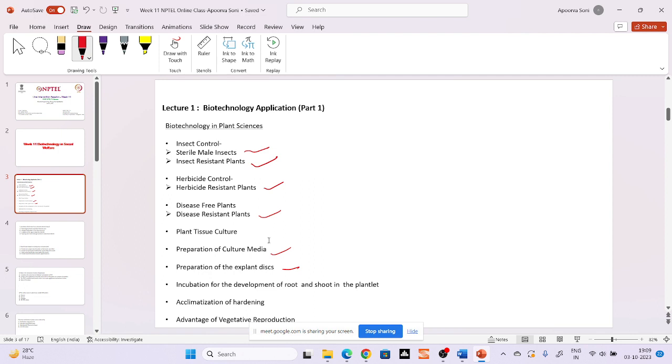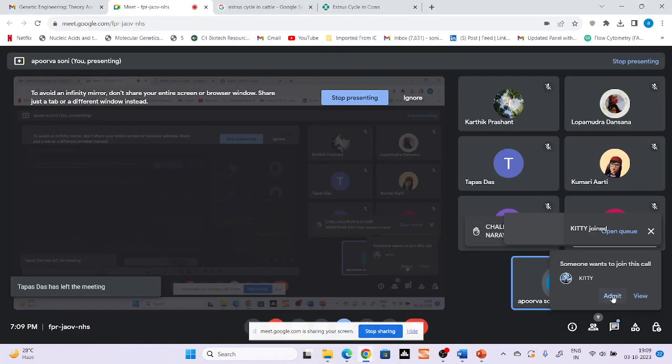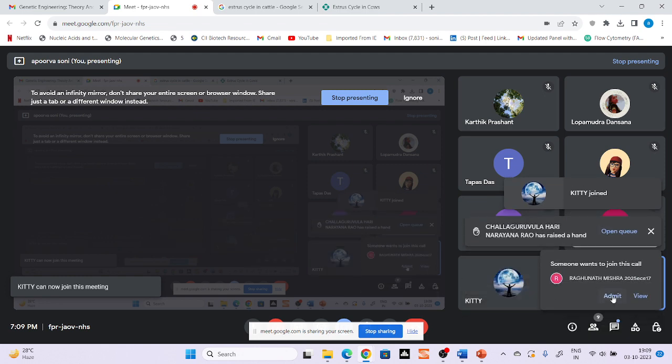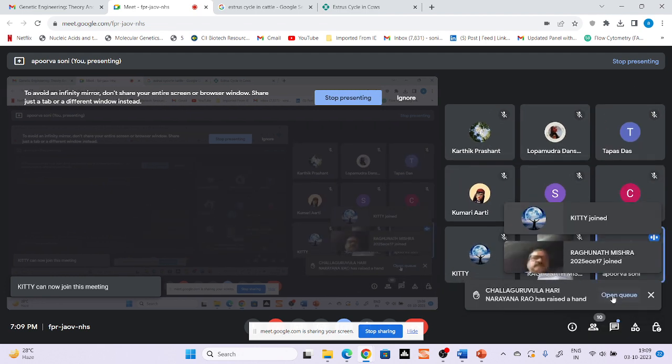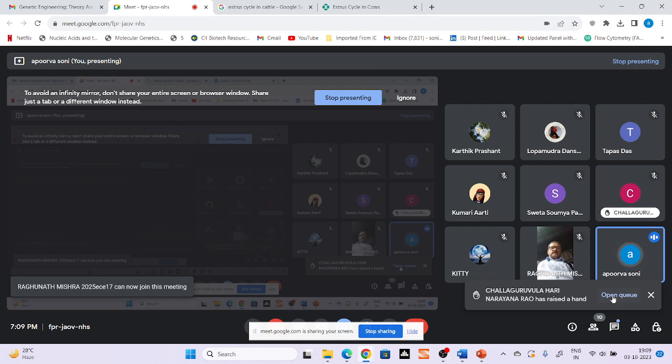They are important from the competitive exams point of view. Plant and animal biotechnology is a very easy topic, and it is also very scoring in exams like GATE or CSIR.